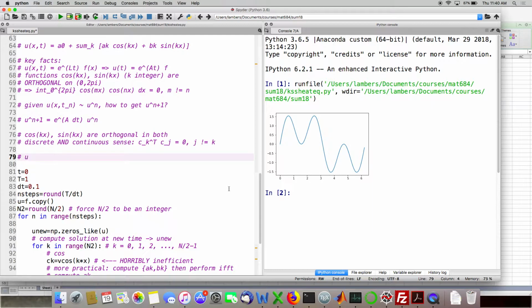So if I represent u n plus 1 as coefficient a0 plus a sum over k of ak ck plus bk sk. So the ak's and bk's are my unknown coefficients, and the ck and sk are the vectors I created down here, evaluating cosine and sine on the grid. But this is equal to, for my solution, e to the a delta t times un.